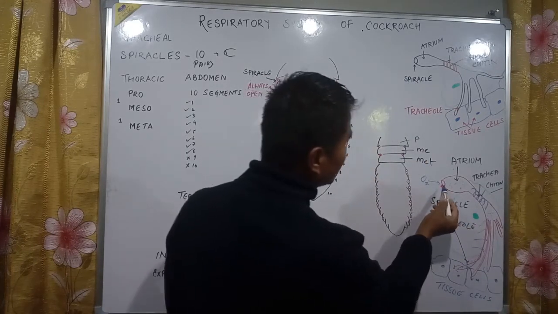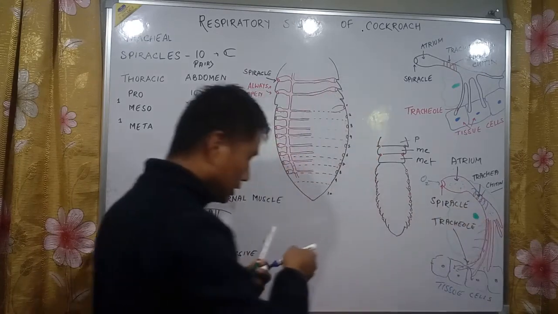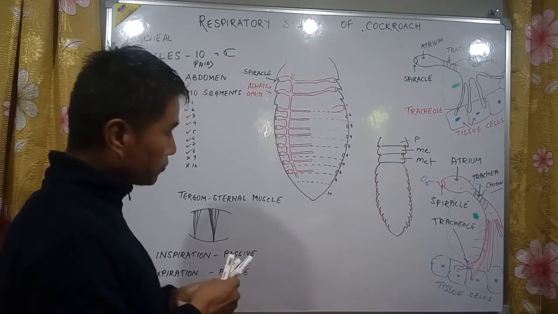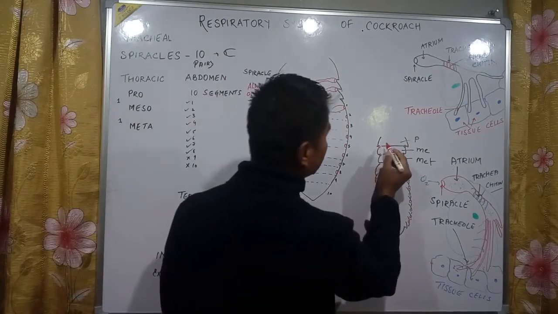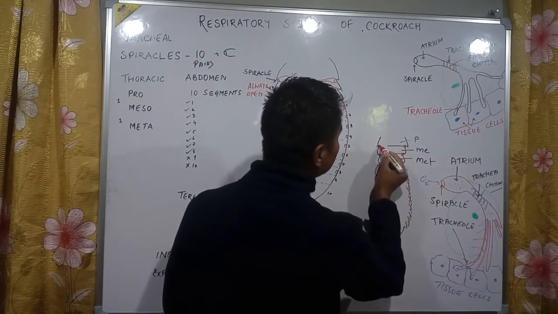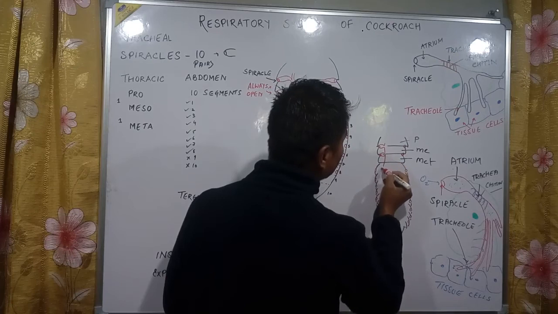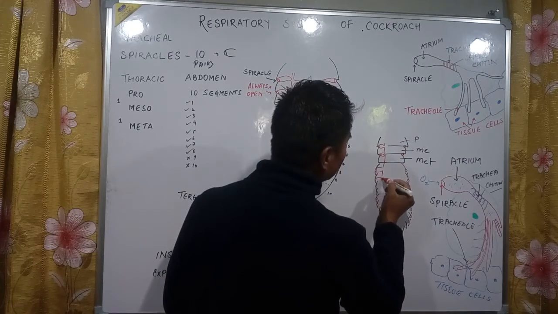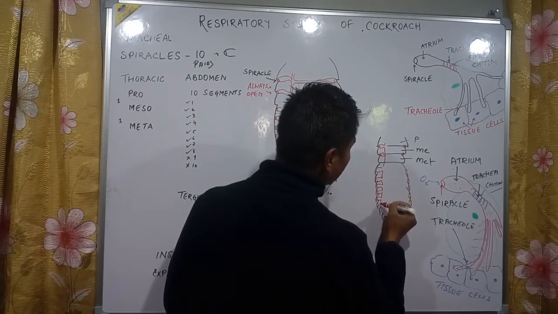Now, this is spiracle opening, and this is atrium, this is trachea. So such structure is present. So this is spiracle, and this is atrium, and it diffuses. So that means there is a channel. A tracheal system is formed throughout the cockroach body on both the sides.